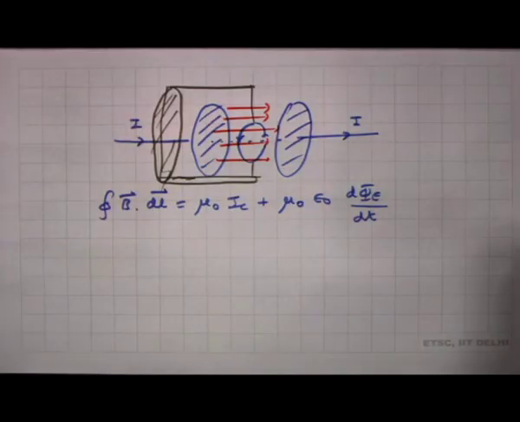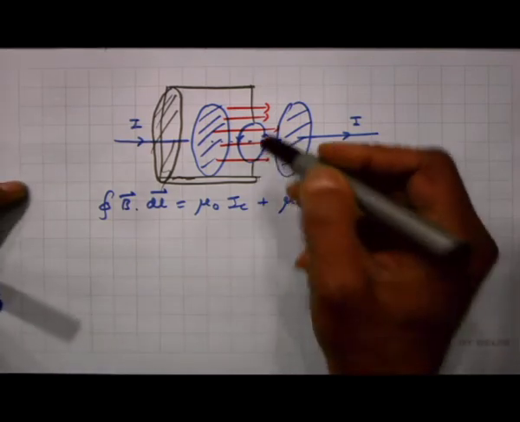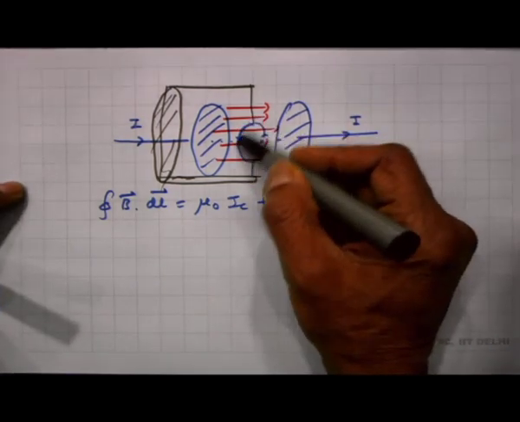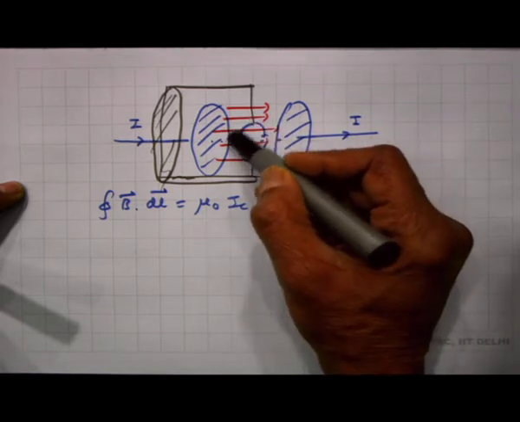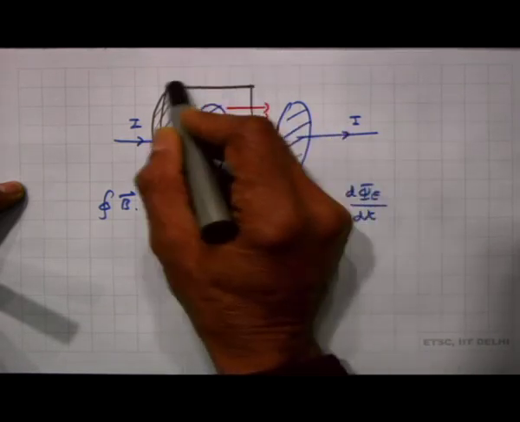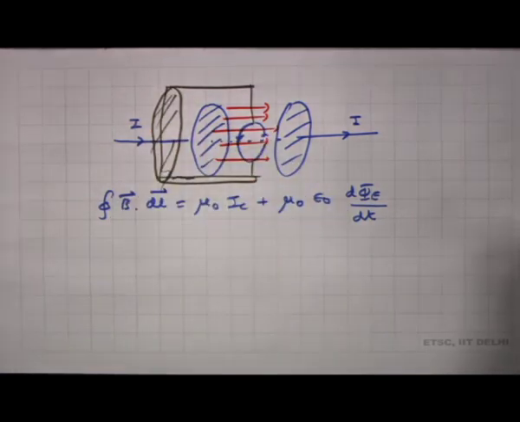So, here also I can do the same thing. I can take the flat surface area to calculate the magnetic field at this point between the pair of capacitor plates, or I could have taken a surface area outside. So, I want to check whether I get the same result, and you will see that I will get the same result because the equation is right.